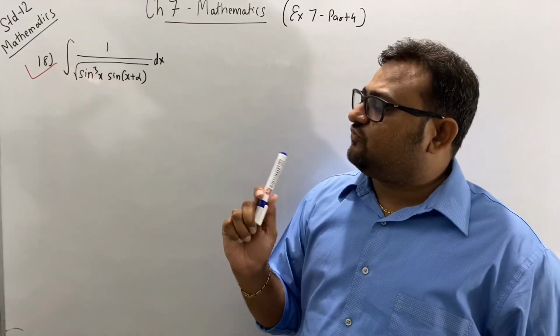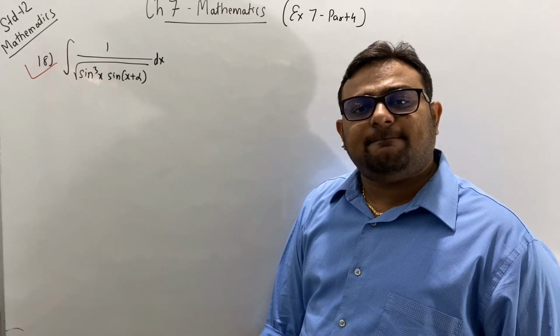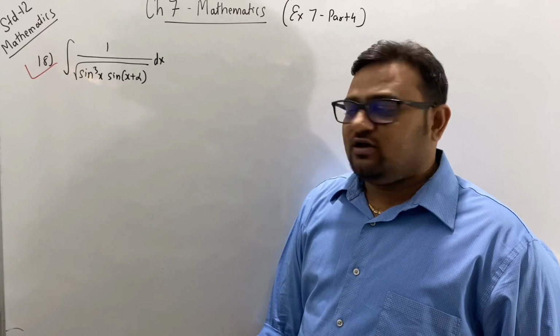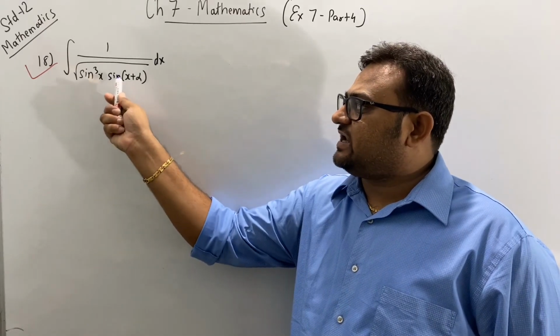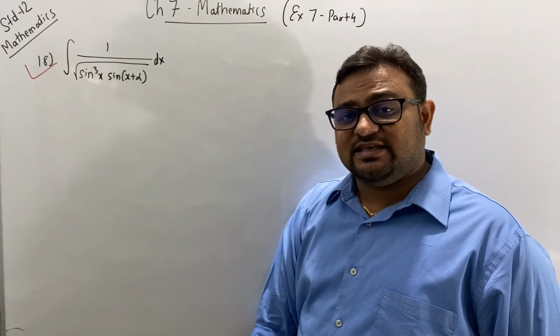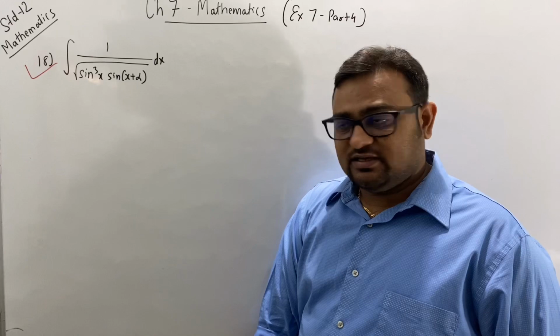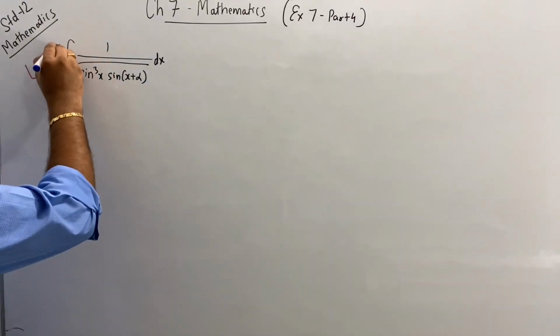See, integration of 1 upon square root of sine cube x into sine x plus alpha. Now see here, we can use the property of sine alpha plus beta. What was it? sin A cos B plus cos A sin B. Clear? So let's start. This is our integral.